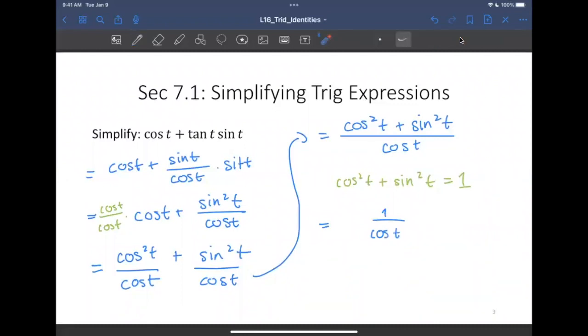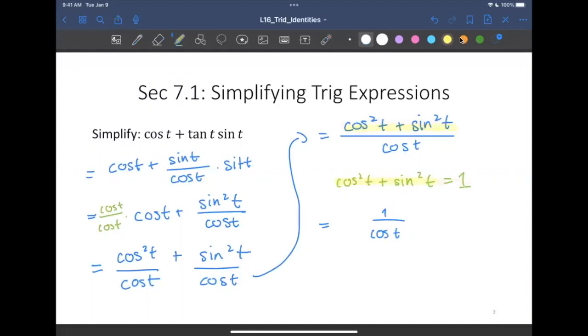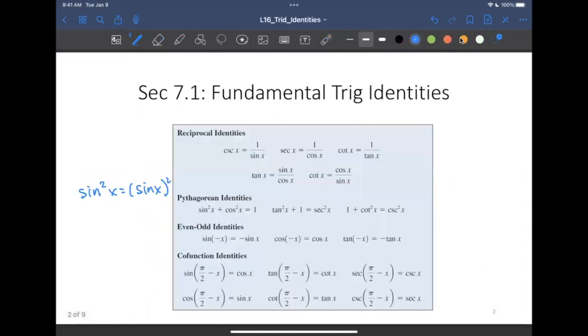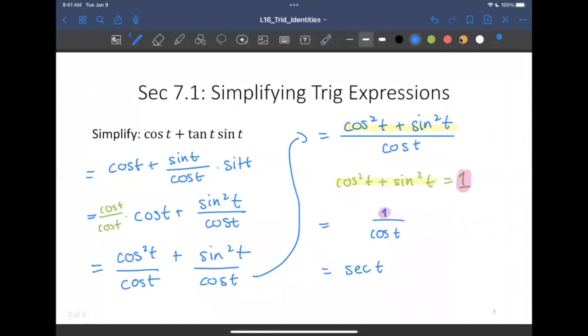So I just substitute this into here. Okay, and I know that 1 over cosine is simply secant of t, right? 1 over cosine is secant. So then this is my simplified answer.